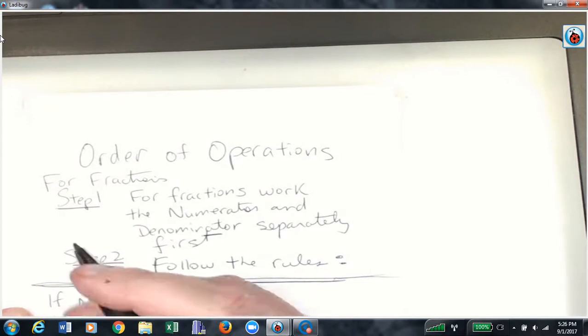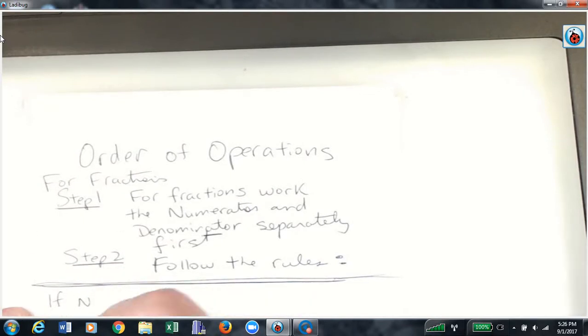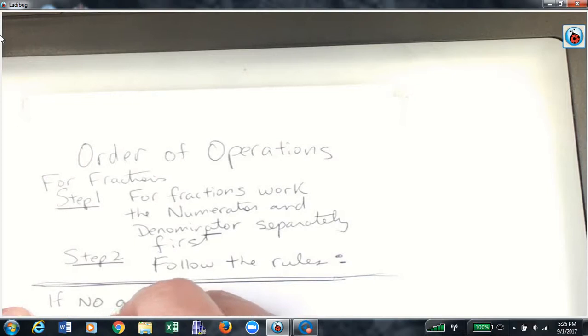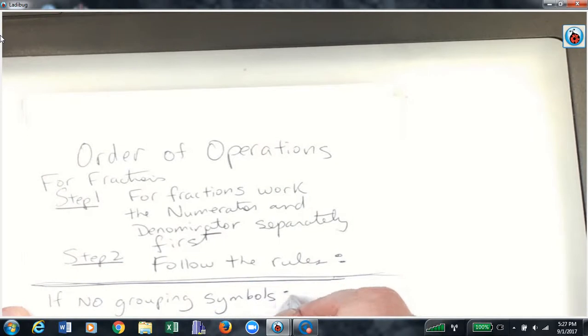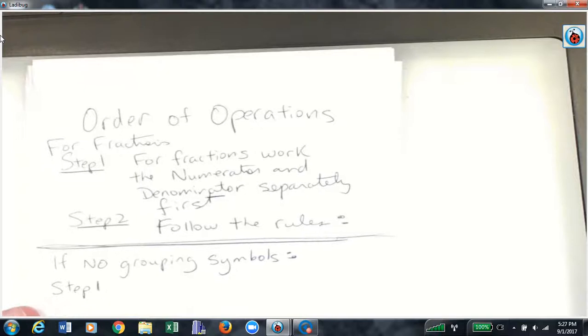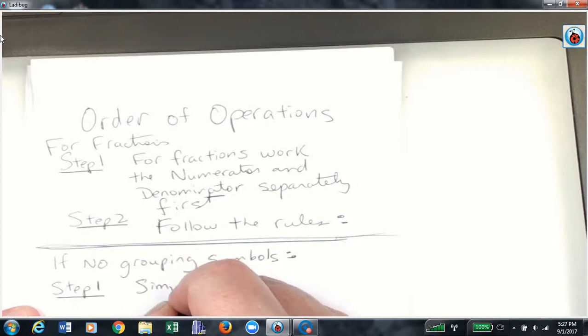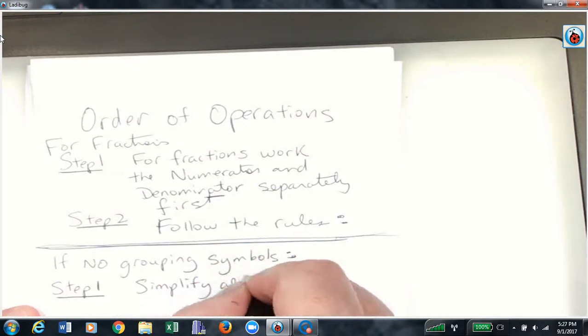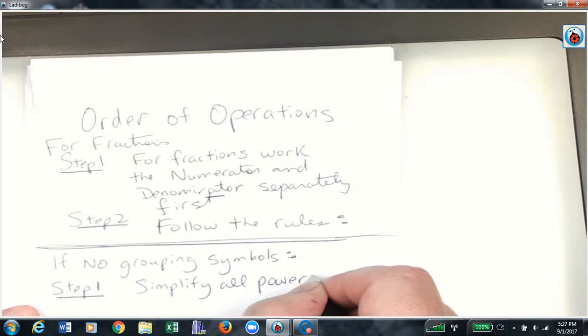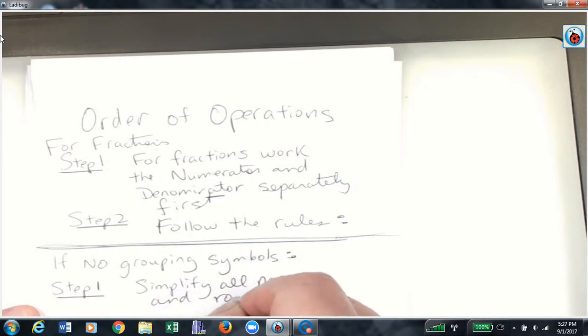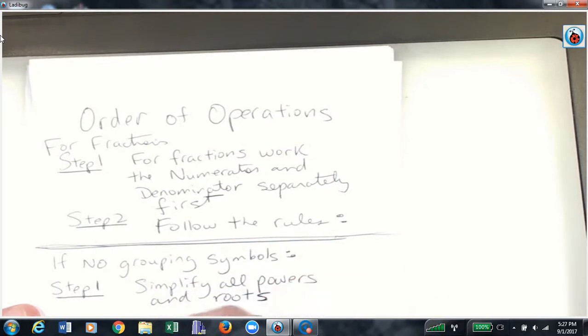Okay, so if there are no grouping symbols, so no grouping symbols like parentheses or fractions, then you do things in this order. Step one is to simplify all powers and roots, and work from left to right.